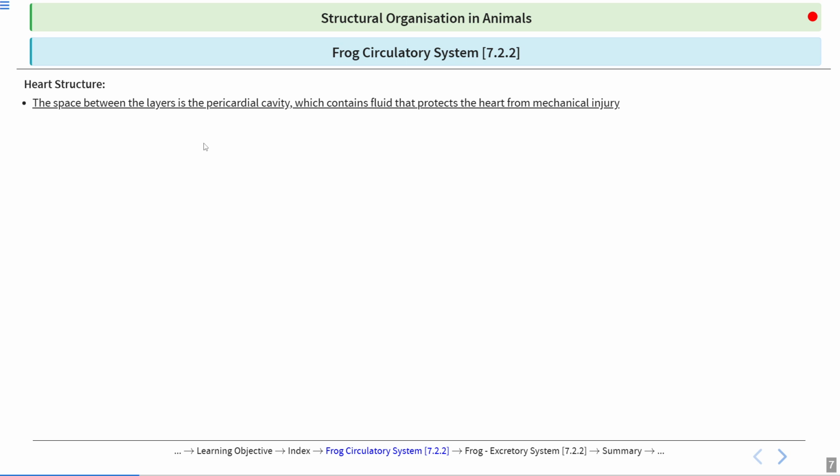The space between the layers is the pericardial cavity. So coming back to that pericardial membrane, there is a cavity. Cavity means space. That is called the pericardial cavity, which contains the fluid that protects the heart from mechanical injury. I've already explained that. Any type of external pressure applied on the heart is minimized by the pericardial fluid because it is a liquid.